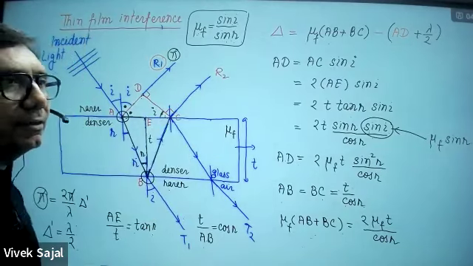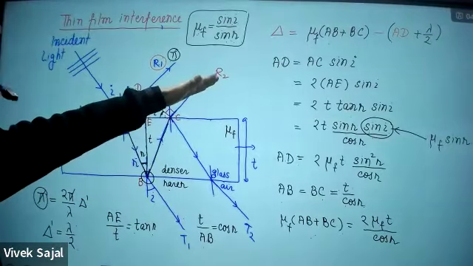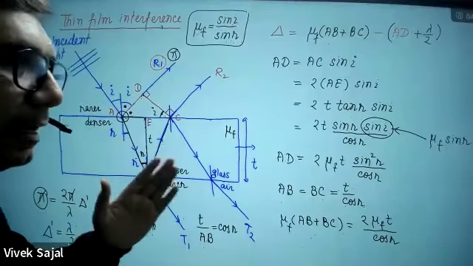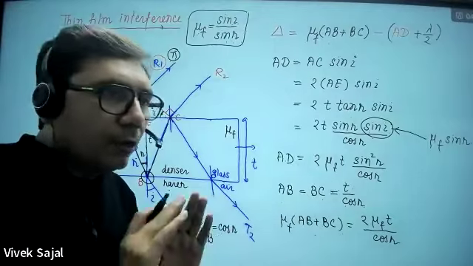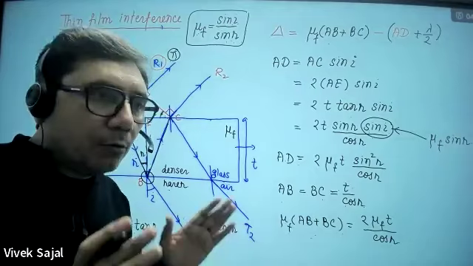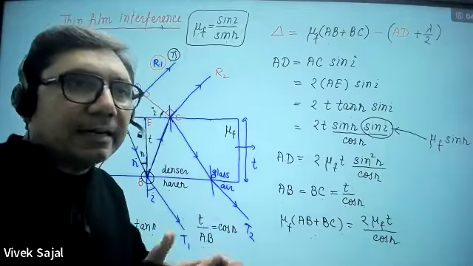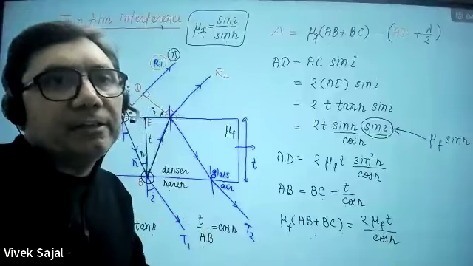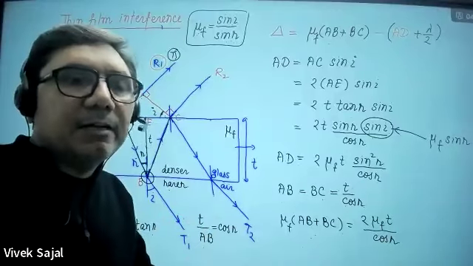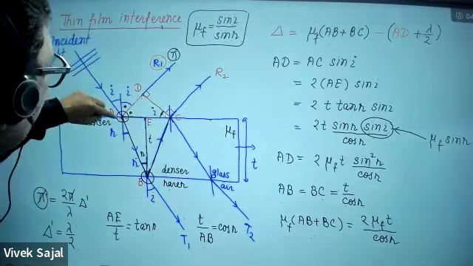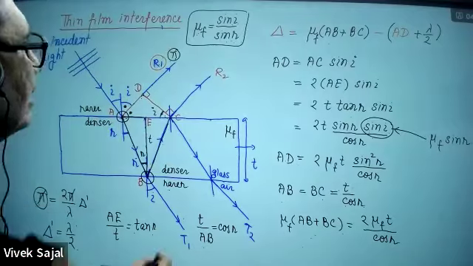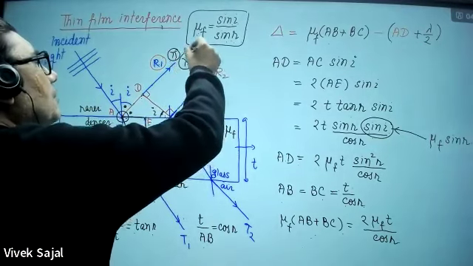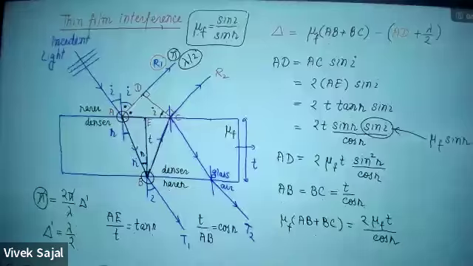Why don't you have an extra phase in R2? Because the second reflection is taking place at the rarer medium. When light is reflected from the rarer medium, no extra phase is introduced. Only when light is reflected back from a denser medium, only then is an extra phase of pi or extra path of lambda by 2 introduced. So only in the first reflection do you have an extra phase of pi or extra path of lambda by 2, not here.